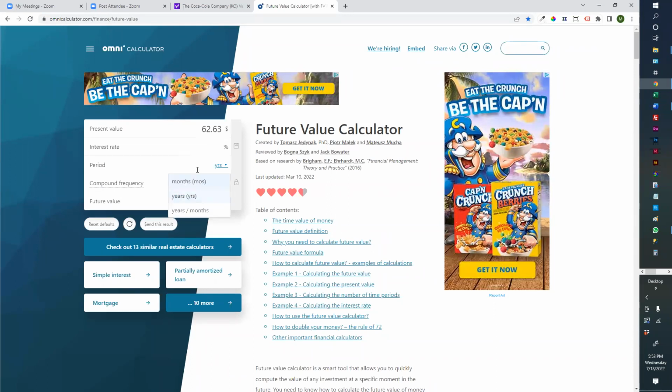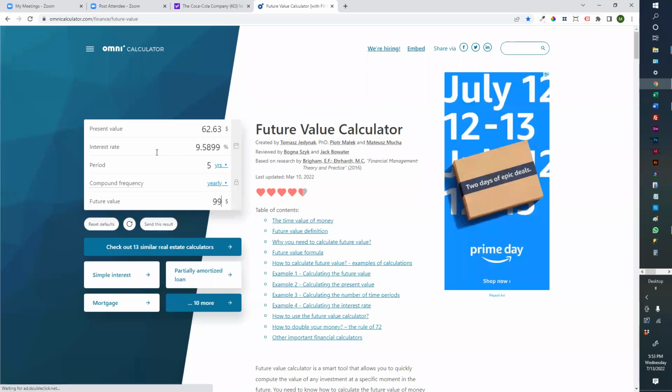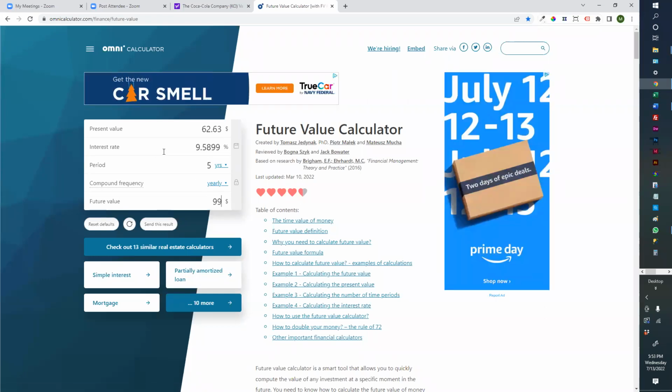We want to find out the rate of return. How many years? 5 years. Compound frequency yearly. Future value we know, we estimated $99. So Coke is giving us a compound rate of 9.58%.